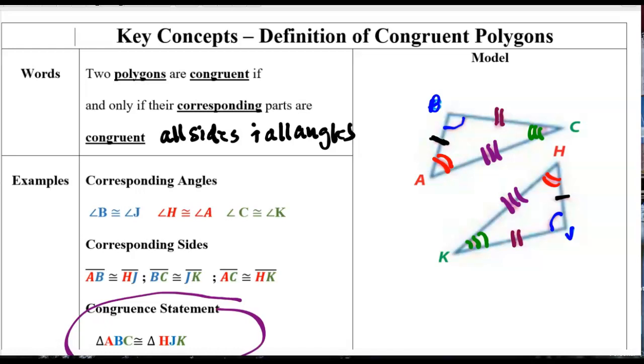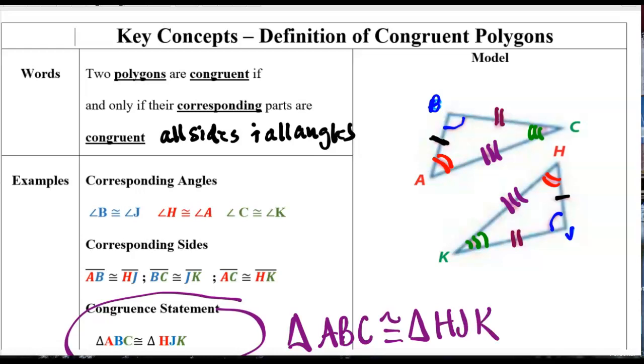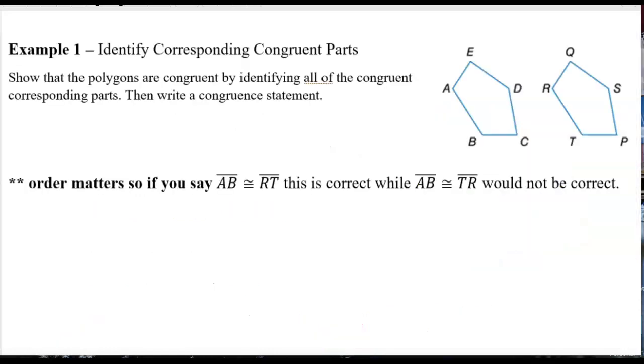Notice that they're showing you here specifically that the letters have to be in the correct order, which means if the red goes to the A and the H, that needs to show up in the answer as well. So we'll go through some here and just practice. It says, show that the polygons are congruent, including all corresponding parts, and then write a congruence statement.